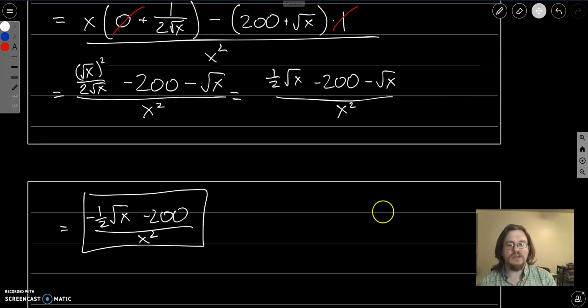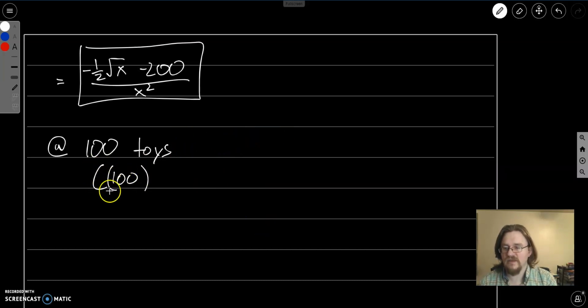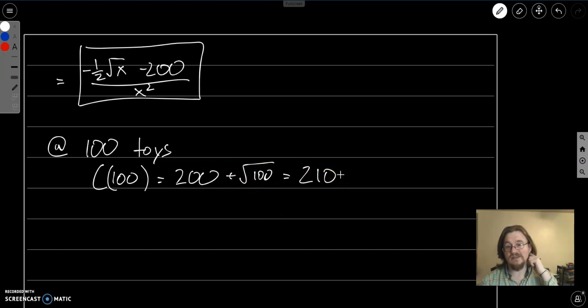So let's look at a couple of values. Let's look at 100 toys. What is the cost at 100 toys? Well, the cost of 100 toys is going to be 200 plus the square root of 100. The square root of 100 is 10, so that cost is going to be 210. I don't know, maybe North Pole dollars.